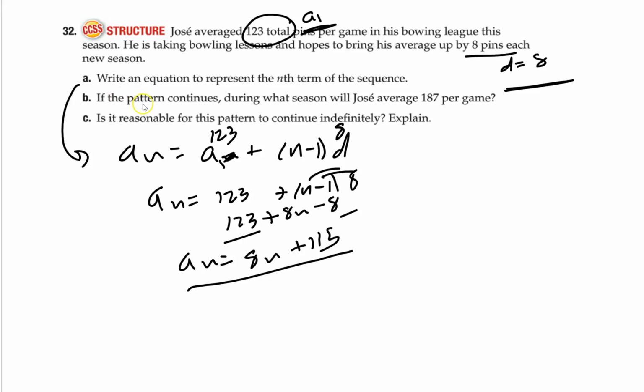And if the pattern continues, during what season will Jose average 187 points per game? We haven't talked about something like this yet. Notice what that is? That's not saying how much he is scoring on the 10th game. It's saying his score is 187. This is an. I'm looking for n. So I'm plugging 187 into this part.